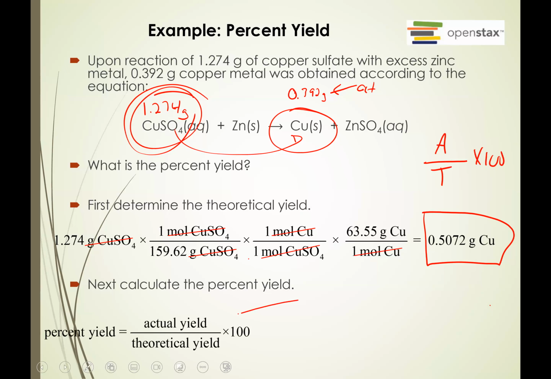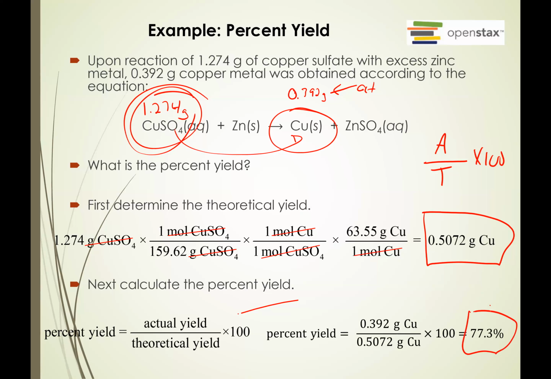So that means that our 0.392 goes on the top and our 0.5072 goes on the bottom, and our percent yield is 77.3%. So if everything went perfect, this would be 100, but it never goes perfect. And so we got close though. 77 is pretty good percent yield. That means we did our lab pretty well.